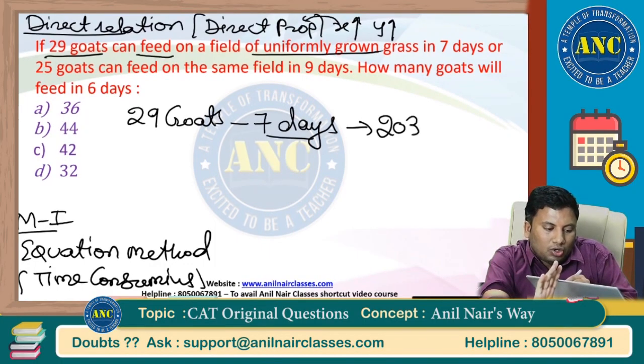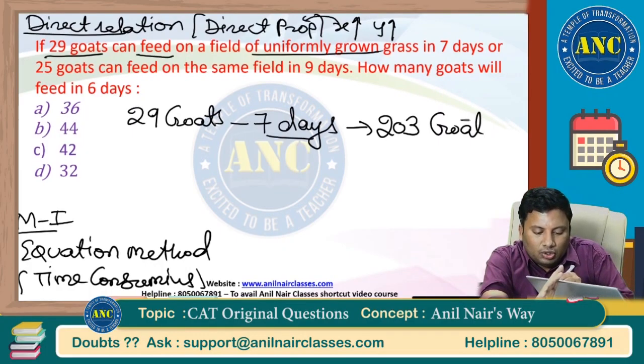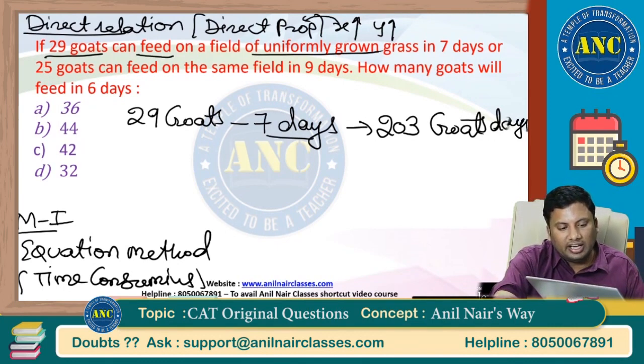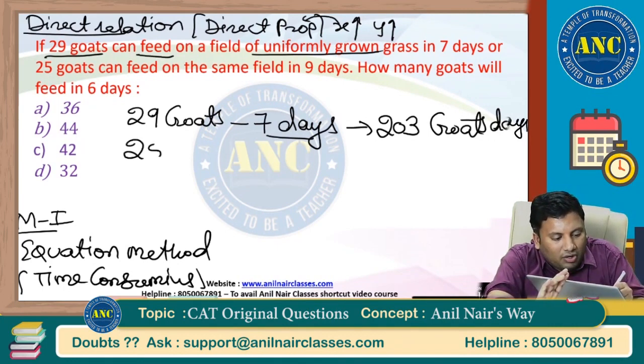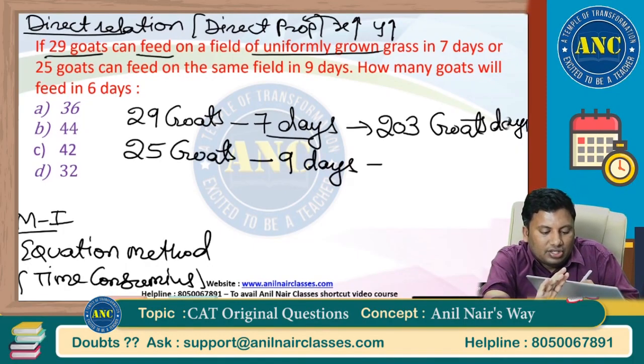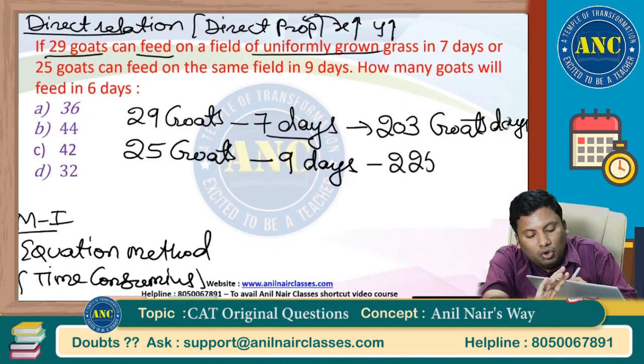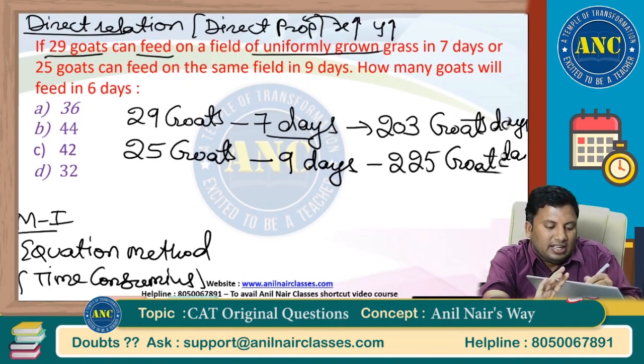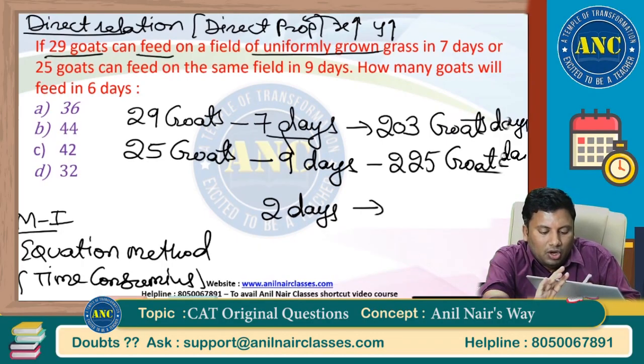That means totally in 7 days, 203 goat days work is done. 25 goats can feed on the same field in 9 days, which is nothing but 225 goat days. That means 2 days extra, 22 goat days extra work is done.